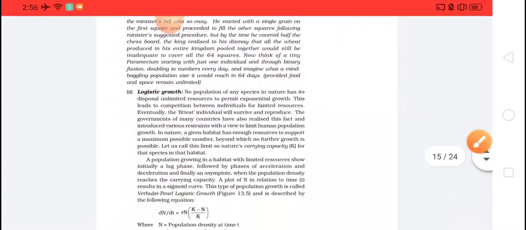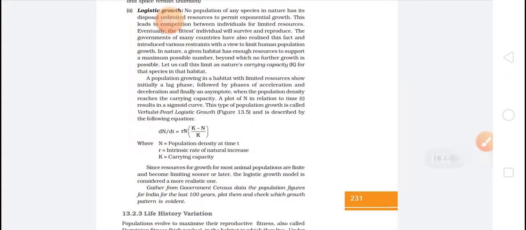Here the resources for growth for most animal populations are finite and become limiting sooner or later. The logistic growth model is considered more realistic, because this is the fact.